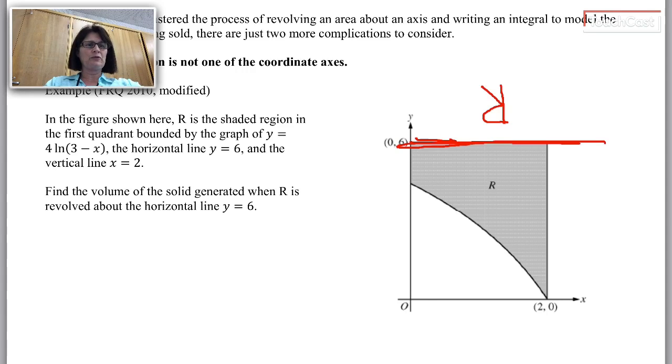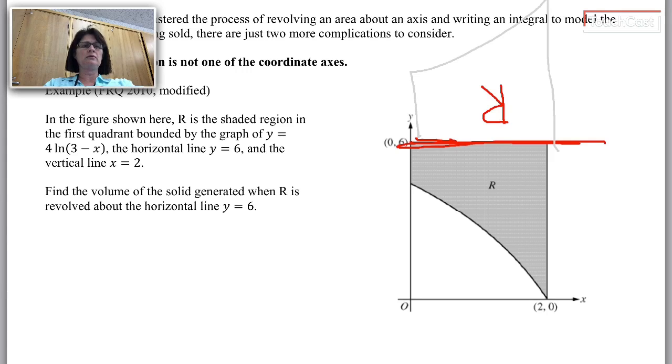It doesn't have to be a beautiful picture. You don't necessarily need to mark any points on it, but there's my rough sketch of a reflection of R. Can I write an expression for the volume of the figure that comes from revolving R around the line y equals 6? So what am I going to do next?